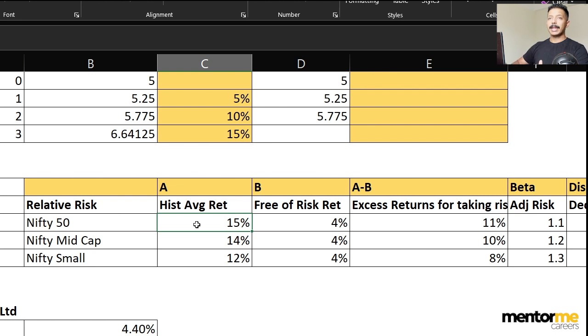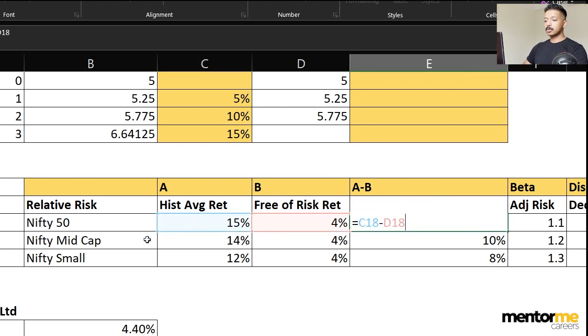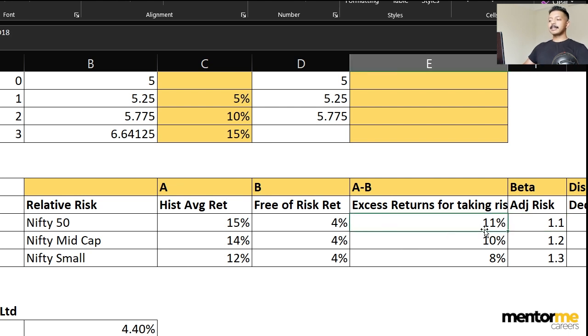When I am looking at Nifty 50, equity as an asset class, all I'm saying is: what is the excess reward for taking the risk of equity? A very simple calculation for that is the difference between the historical average returns minus the risk-free rate. So what this 11% is telling us is that we have an expectation.